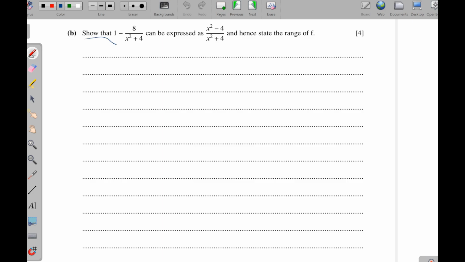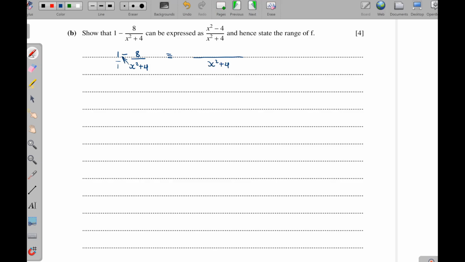Then part B, show that this one can be expressed in this format and hence find the range of f. Now 1 minus 8 out of x squared plus 4. This one, if this one is over 1, then the common denominator, we just multiply these two, right? And then we shall have this x squared plus 4.